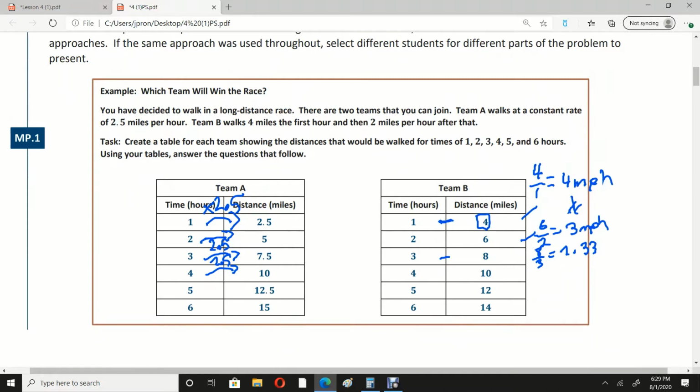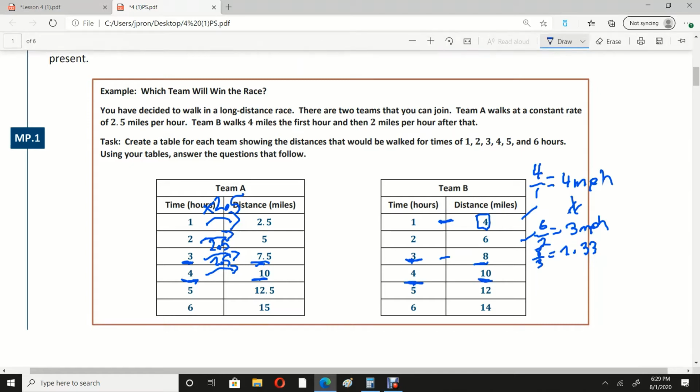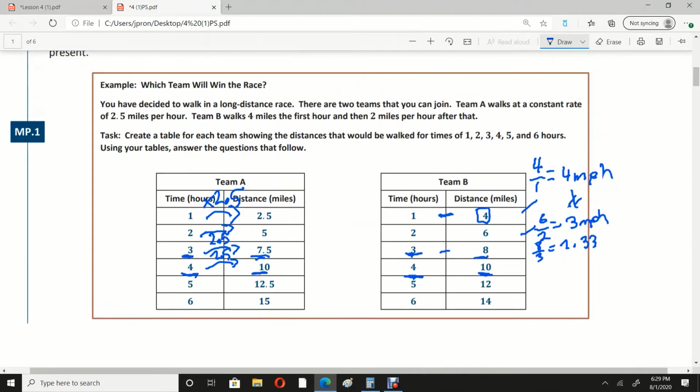So if the race is 3 hours long, well, they're going to go 8 miles compared to Team A's 7.5 miles, I should say. And then they'll meet up at 4 hours if they go at this pace, right? Fantastic. Okay, so they'll meet up at 4 hours, but before 10 miles, it's more advantageous to be on B's team.